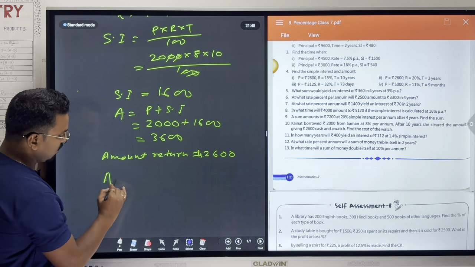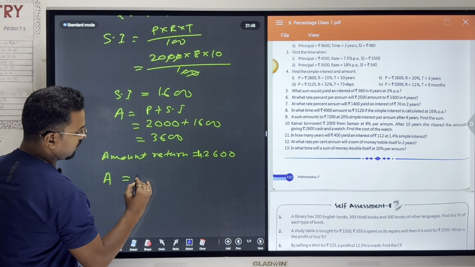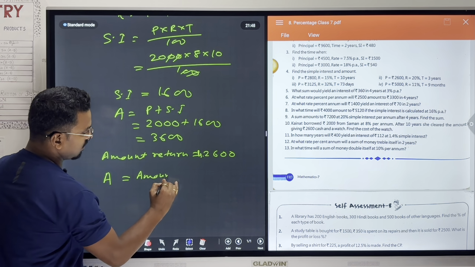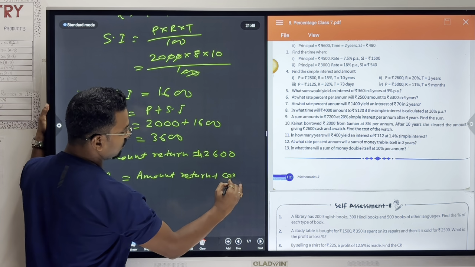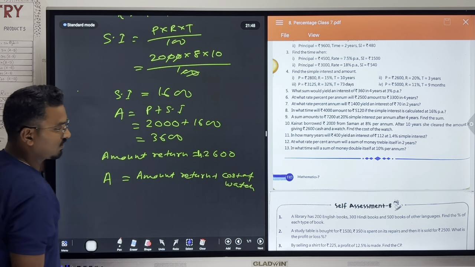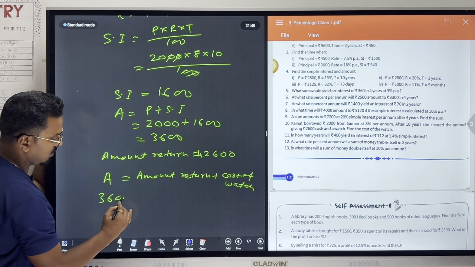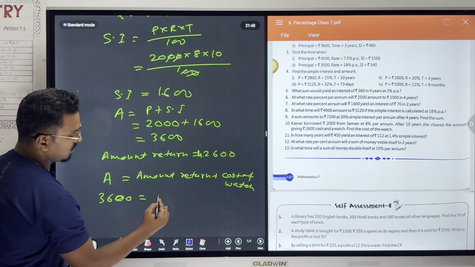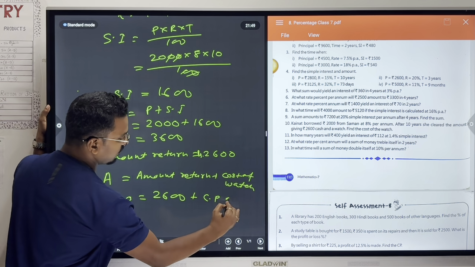Total amount is equal to amount returned plus cost of watch, isn't it? So total amount is 3,600, and 2,600 is returned, plus the cost price of the watch.